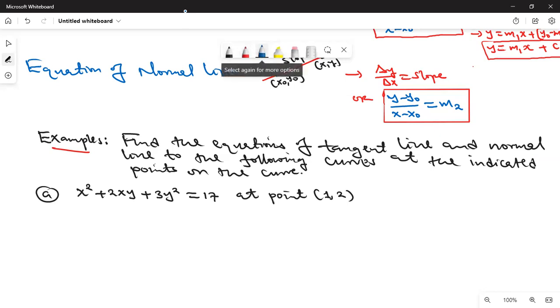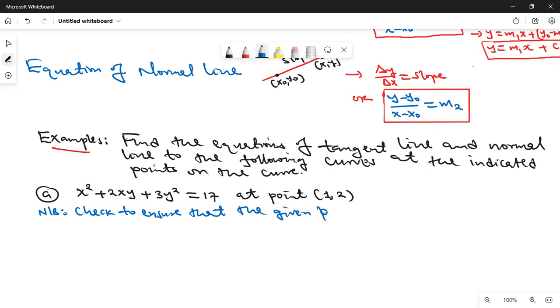Solution. Now, what you need to take note of is that you must ensure that the given point lies on that curve. You need to carry out a check to ensure that the given point lies on the curve.